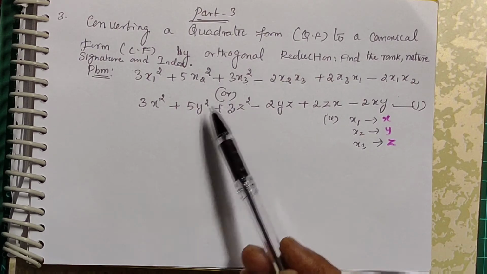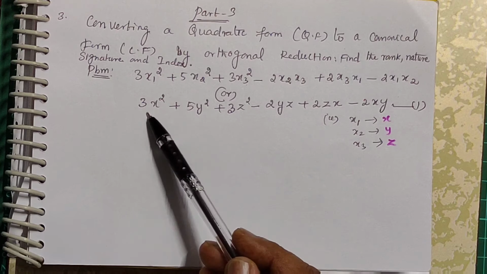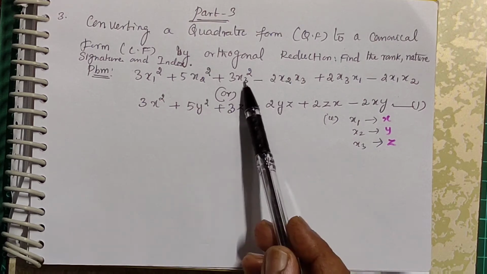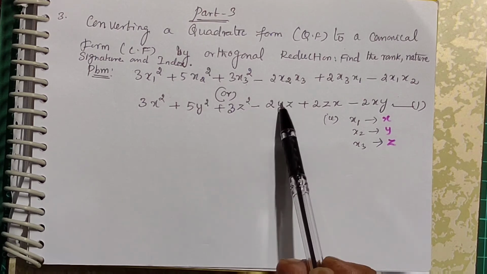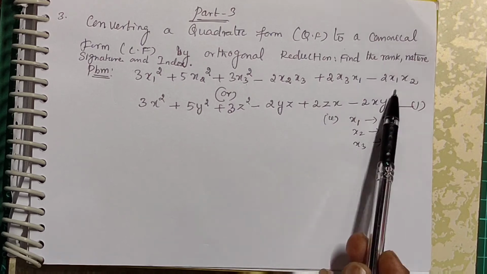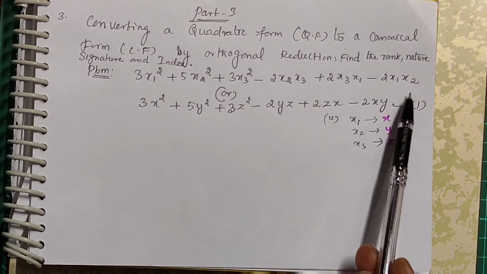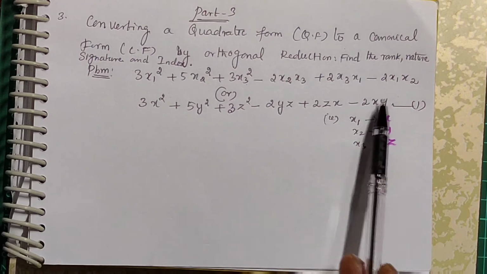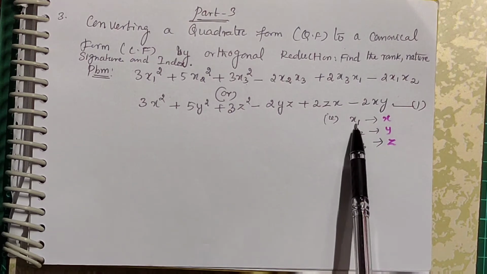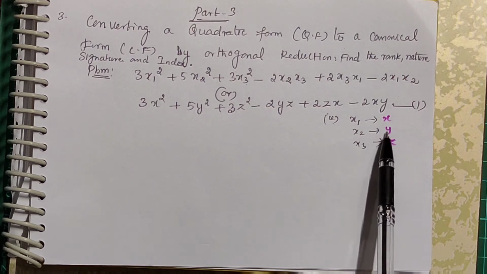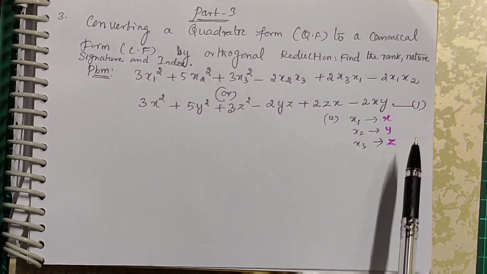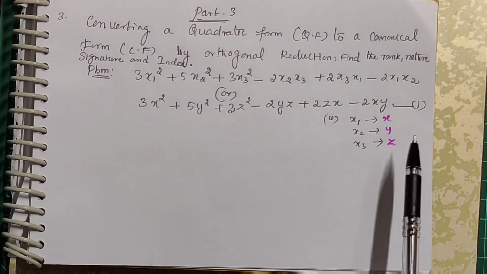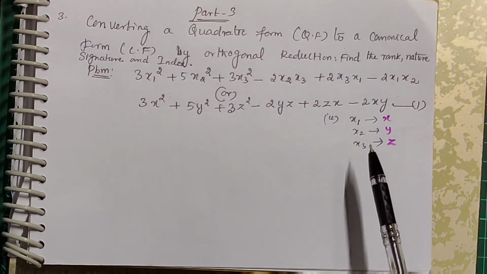The same equation can also be expressed as 3x squared plus 5y squared plus 3z squared minus 2yz plus 2zx minus 2xy. The question can be asked in either form, because here x1 is replaced by x, x2 by y, x3 by z. Anyhow, the procedure is the same for both types of equations.